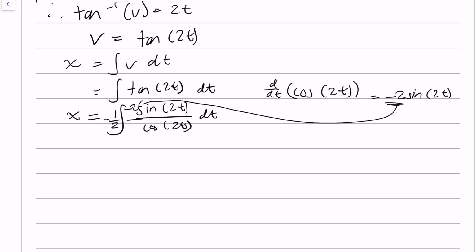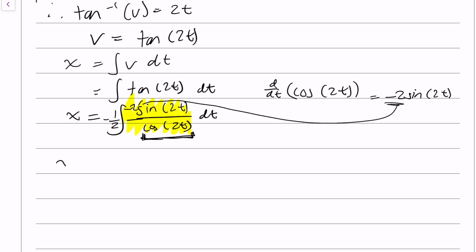And now that works because once I do an integral of this fraction right here, I'm taking the derivative of the bottom part of the fraction, the denominator, and dividing that by the whole fraction in total.